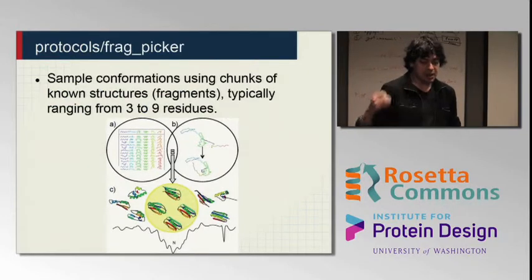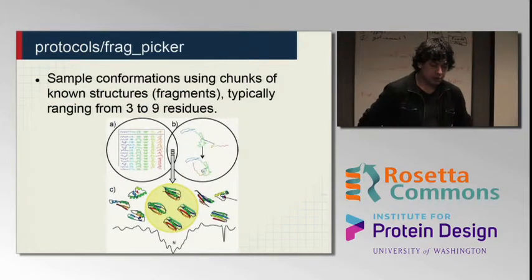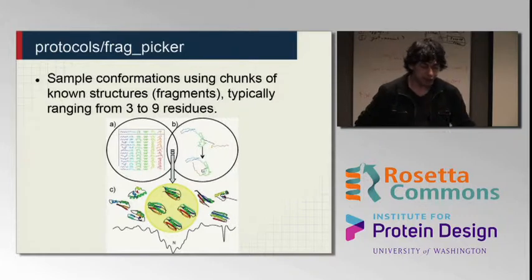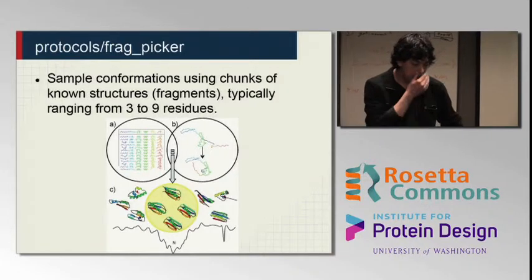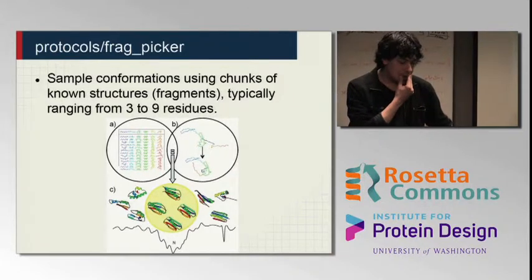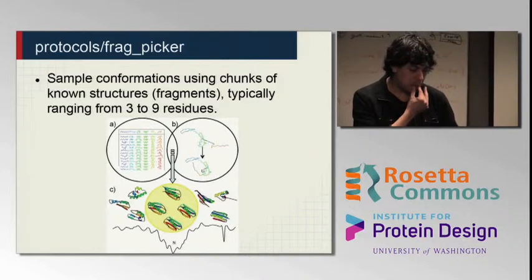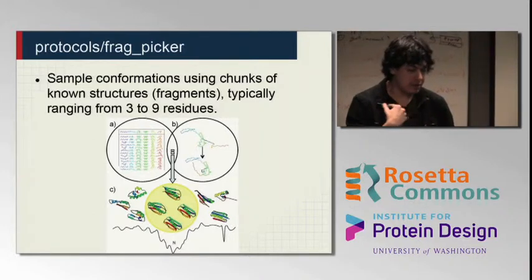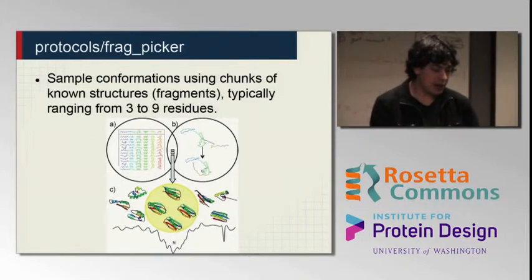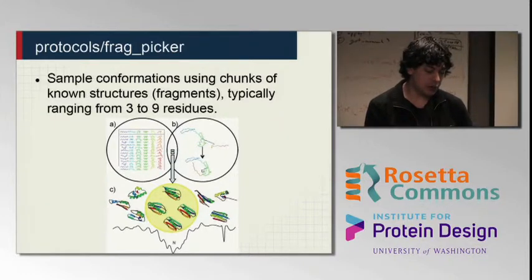And let's try to see how this fragment insertion will be useful. This is probably one of the most important parts of Rosetta, or at least for me it is. It's essentially the main protocol that we use to do ab initio folding.